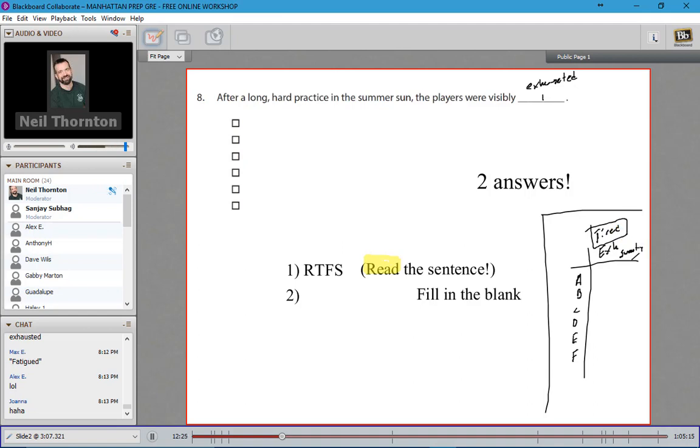What we're also going to do as we get further into our deep dive is we're going to use clues. By the way, how did you know that they were exhausted and tired and sweaty?